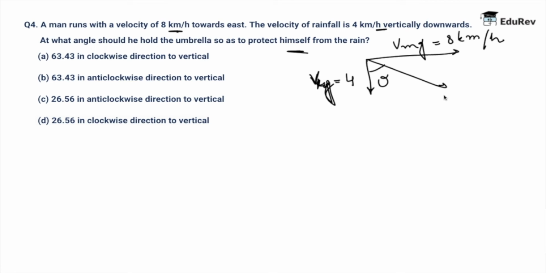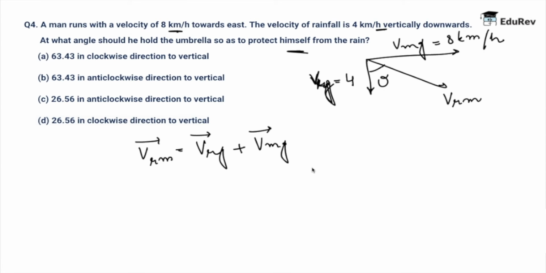Okay, and this is going to be nothing but v rm, where r is the rain, g is ground, and m is man. And we have what? V of rm is equals to V of rg plus V of mg.